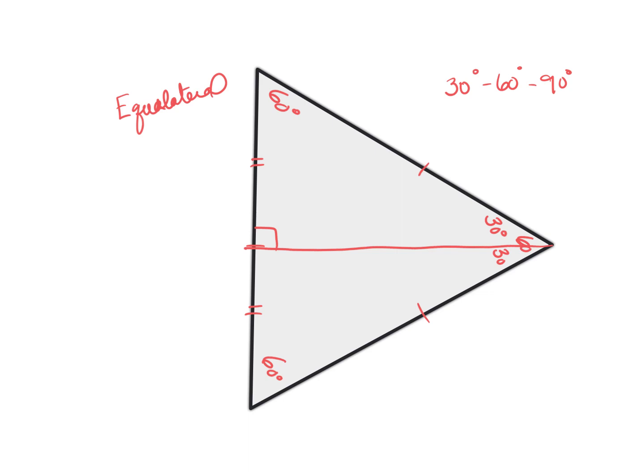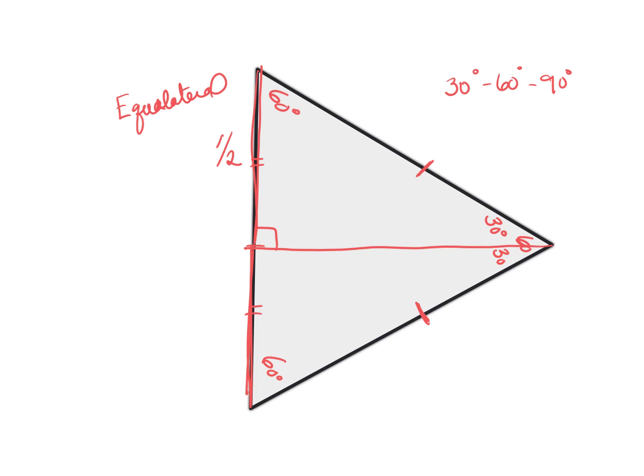So with the perpendicular bisector, it cuts this base in half. So that means this is half of the other leg. So I take the one side that's congruent and I cut it in half.